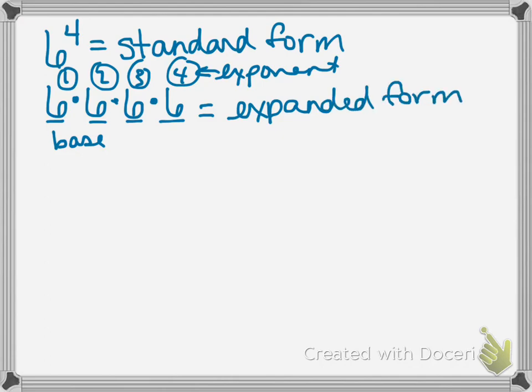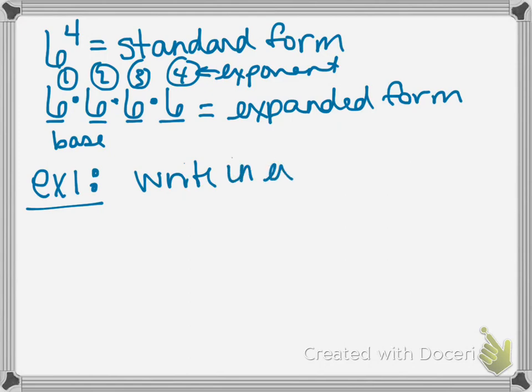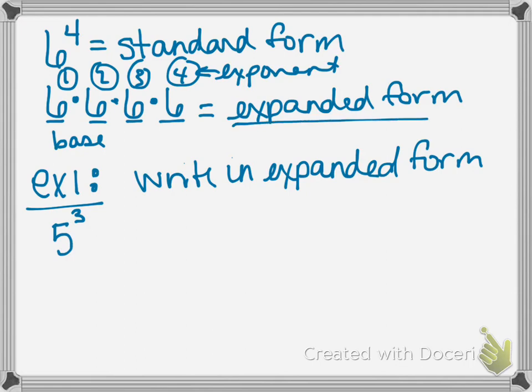So I'm going to give you a couple of examples. And what I want you to do on these is I want you to write them in your journal in expanded form. So if I gave you 5 to the 3rd power, what would that look like if we wrote it out in expanded form like that?